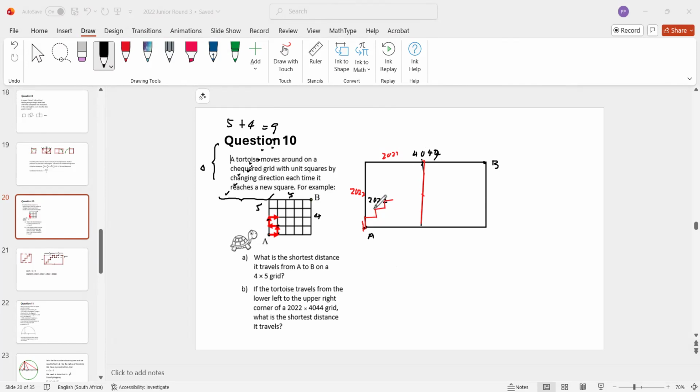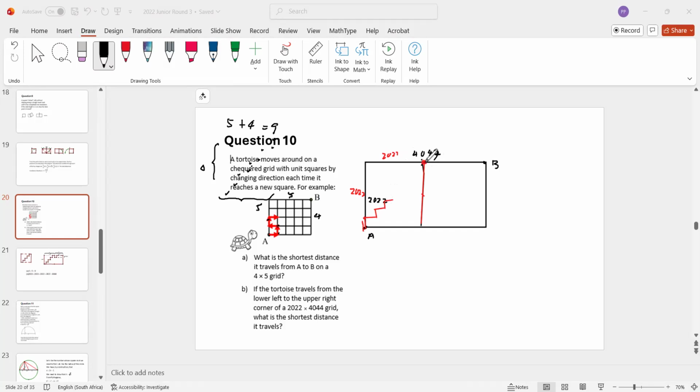It has to change direction, you see. You can't go straight up there like that. Once it comes here, it must change direction. But it turns out that the distance you travel is the same as that plus that, because you've got 2022 vertical ones and 2022 horizontal ones.